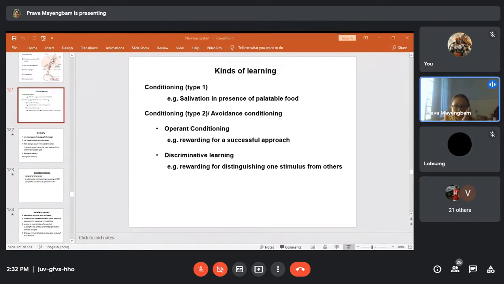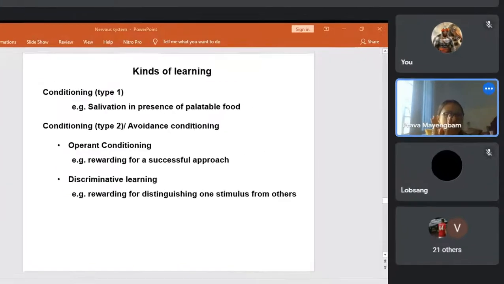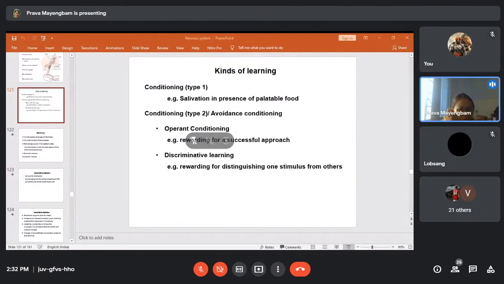Learning is a kind of process which involves conditioning. Conditioning means the body gets conditioned and responds to stimuli. It is also a kind of reflex, but it involves conditioning.